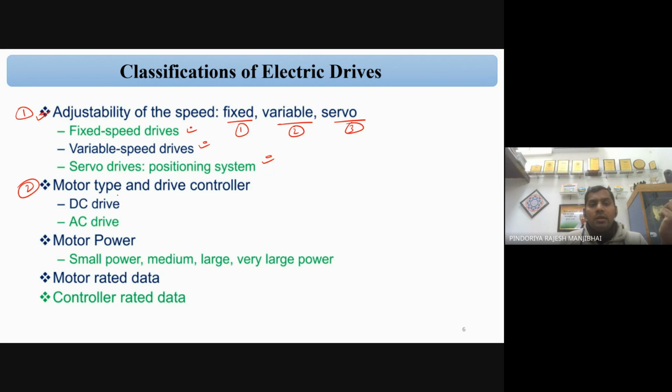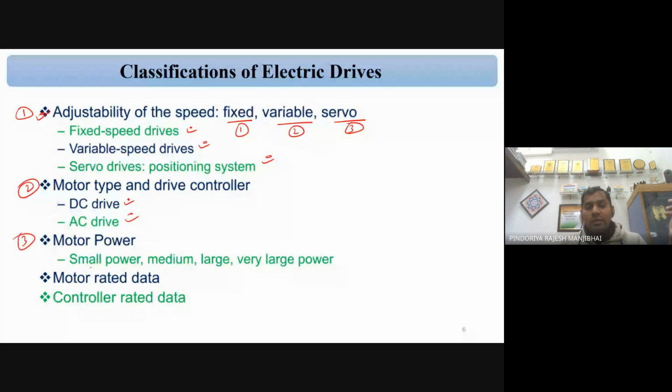Second classification, motor type and drive controller. What type of motor can we use in our electric drives? We already know we have only 2 types of motors, otherwise machines: DC and AC drives. Third classification, motor power range. What is the power range of your motor?